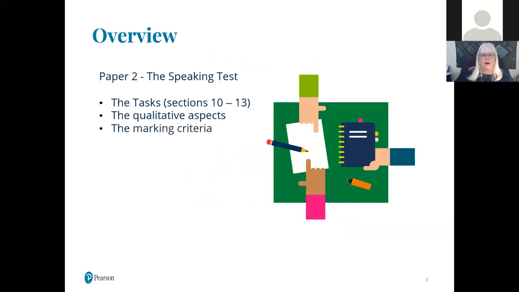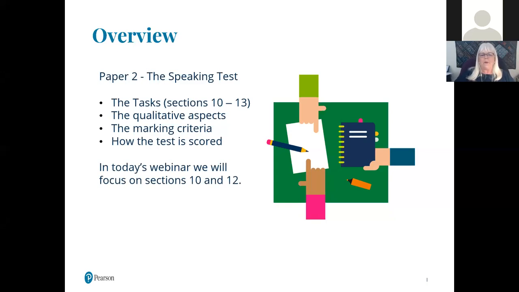We're going to look at the marking criteria for all of these in detail and how that's applied to the test, so how we actually score them. And in today's webinar, we'll focus on sections 10 and 12. And in part 2, we'll look at 11 and 13. Okay, so that's an overview so you have a sense of what we're doing.